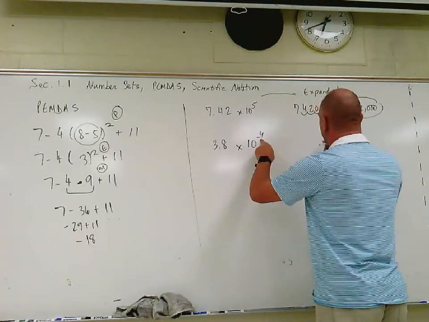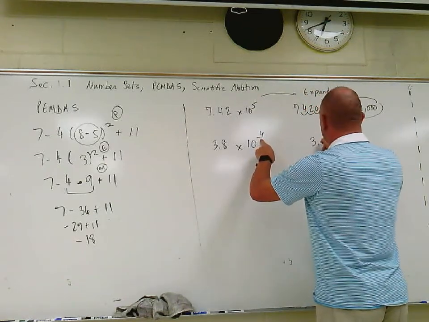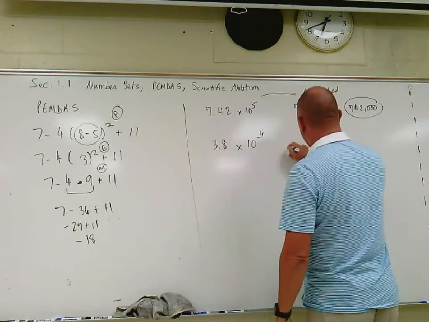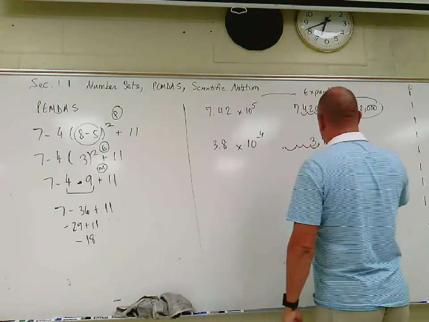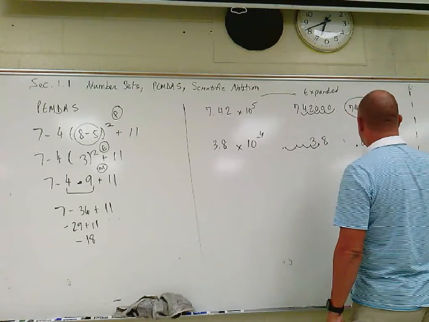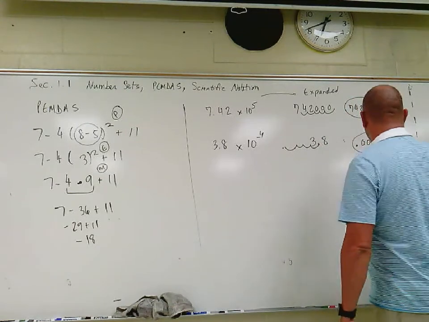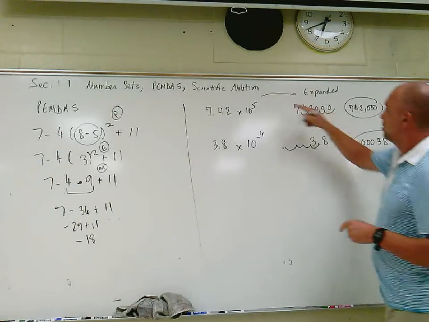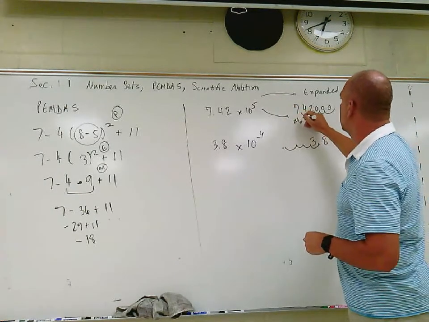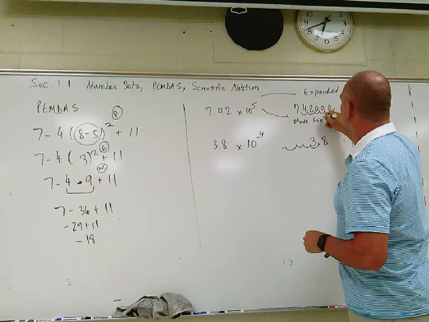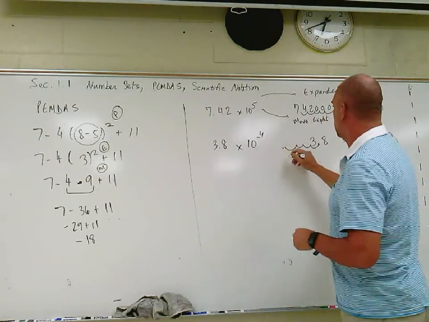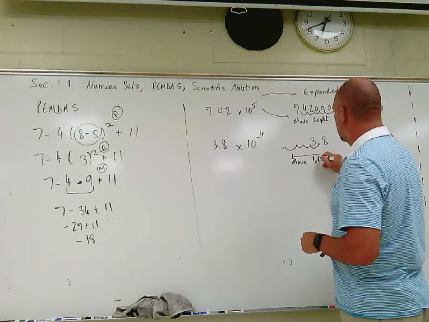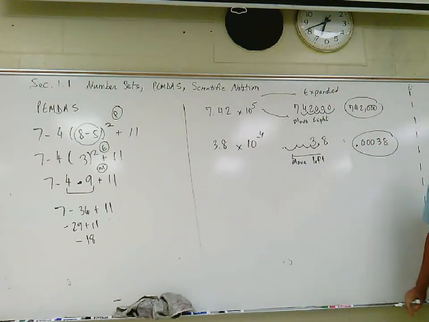So if it's a negative 4, that means you're going to take the decimal and move 1, 2, 3, 4 places to the left. So you get 0.0003. Okay? So a positive, we move right. And a negative, we move left.